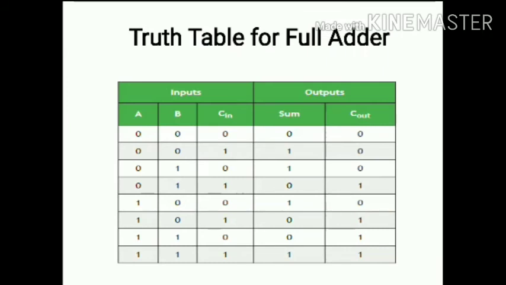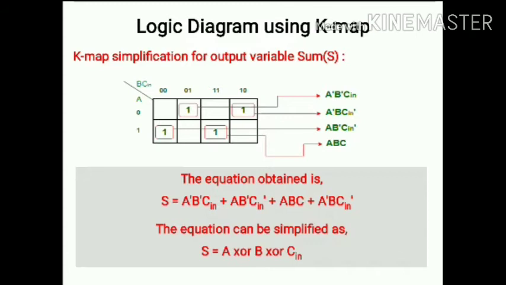So in the truth table, whose output value of the sum is equal to 1, that value will be marked 1 in the K-map table. So first row, second column, that is 0, 0, 1 is marked as 1. The min term of 0, 0, 1 is A bar, B bar, C in. Similarly, in the first row, fourth column is marked as 1.